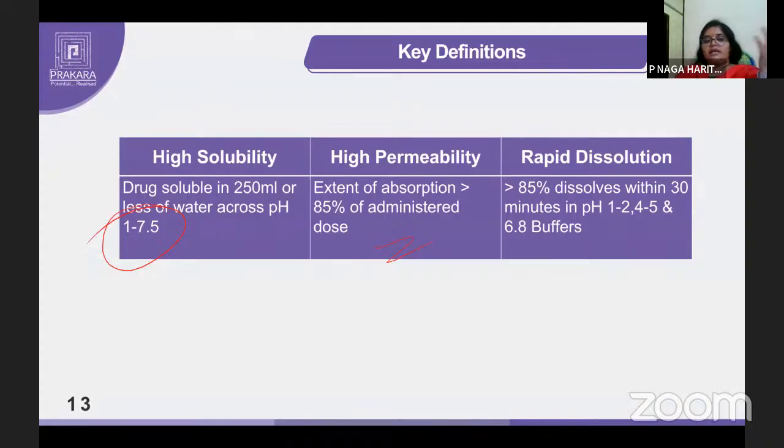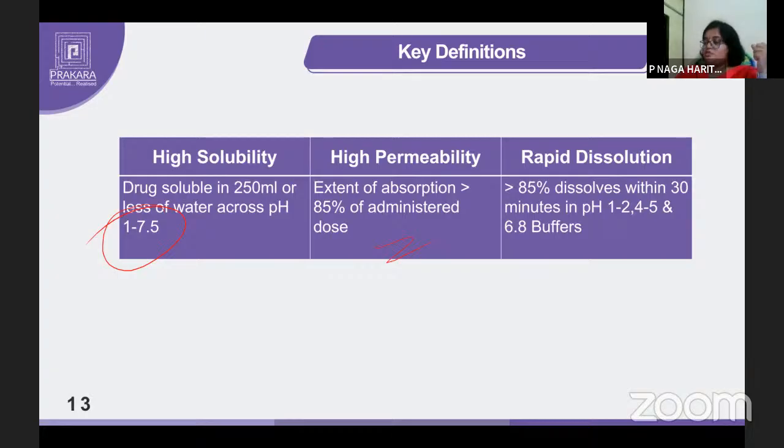a drug is considered highly permeable if 85% or more of the administered dose is absorbed.